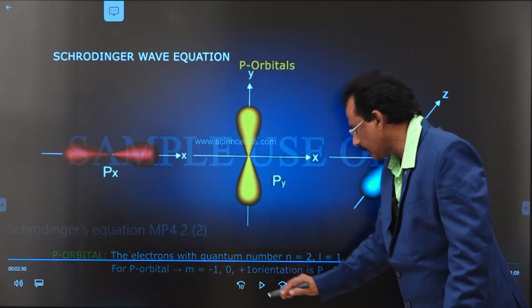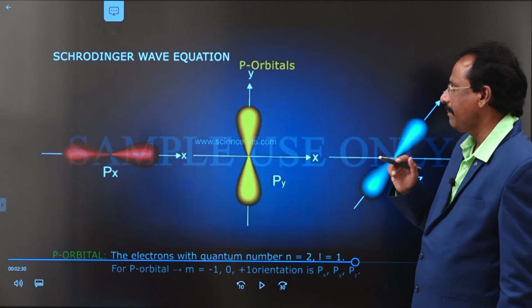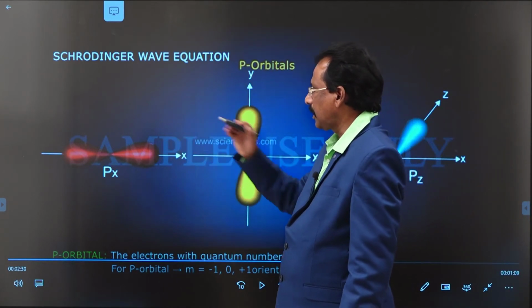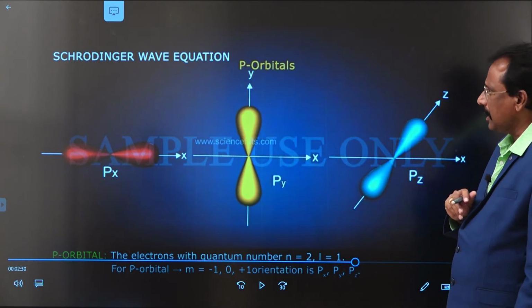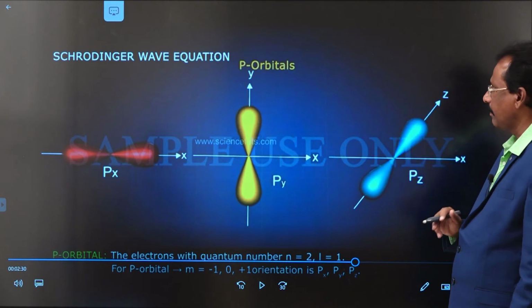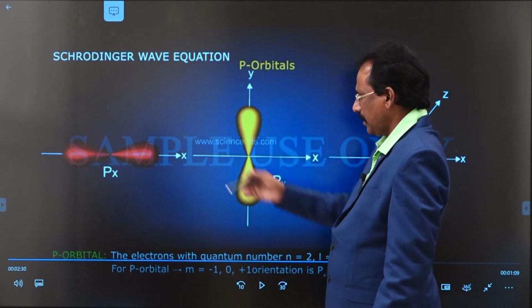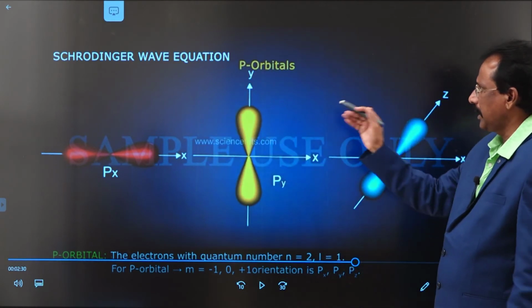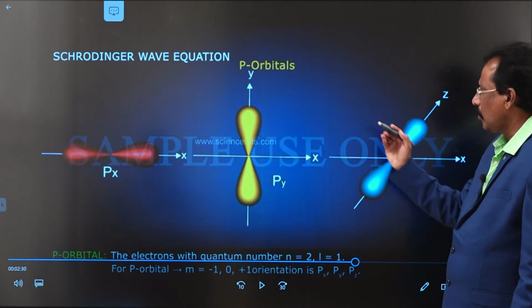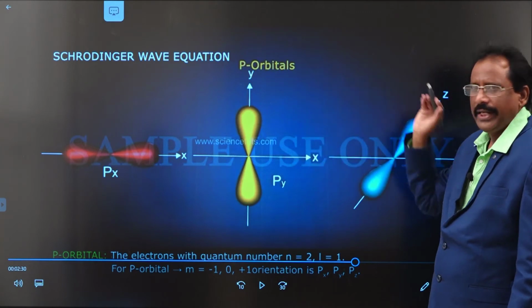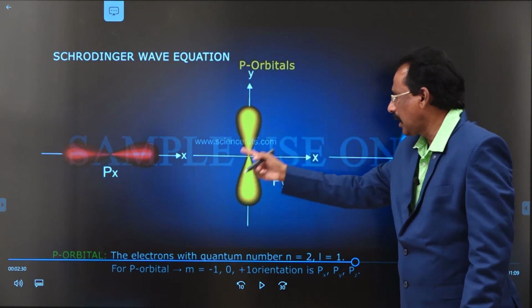Here, another one is angular node. For example, this is the shape of px orbital. In px orbital, two lobes are concentrated along the x direction. So in the yz plane there are no lobes, see in that diagram. Otherwise, in py orbital, two lobes are concentrated along y direction. That's why in the xz plane there are no lobes.